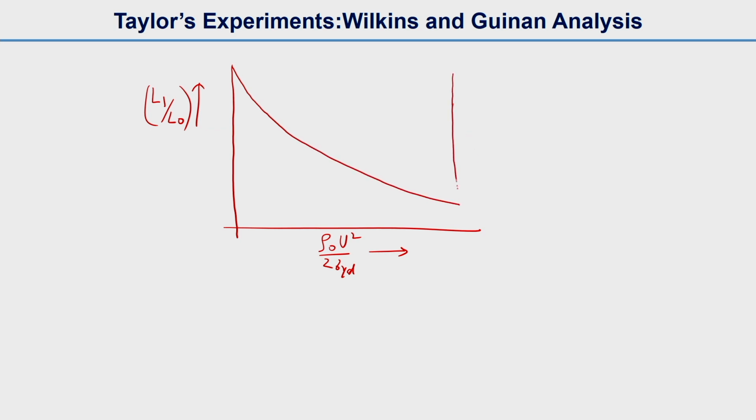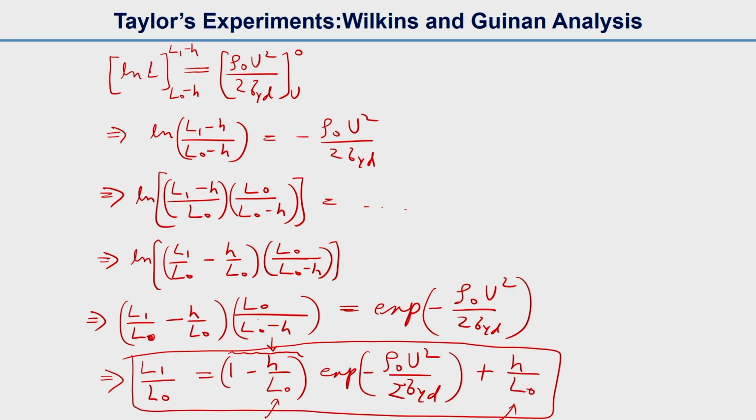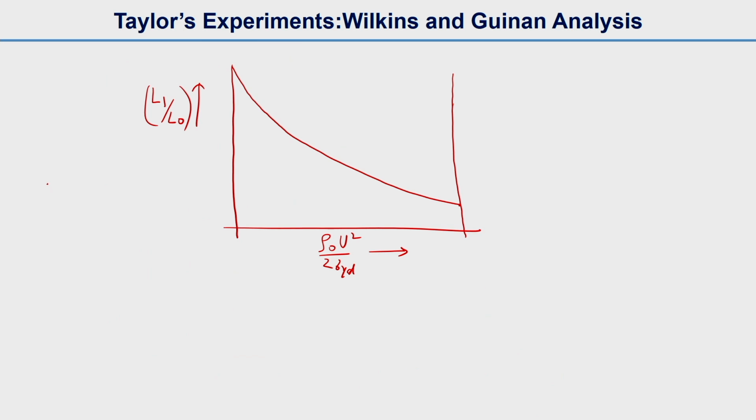As we have an intercept here, and as we know in the earlier expression, we have h by L0 term on this side. They verified it for 3 materials: aluminum, steel, and tantalum.